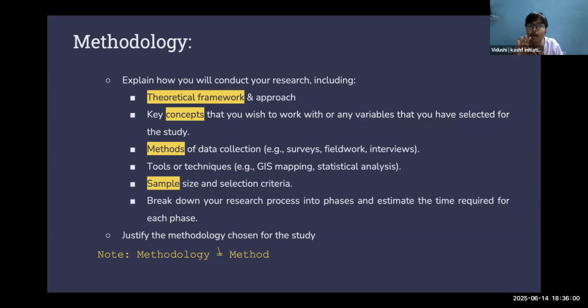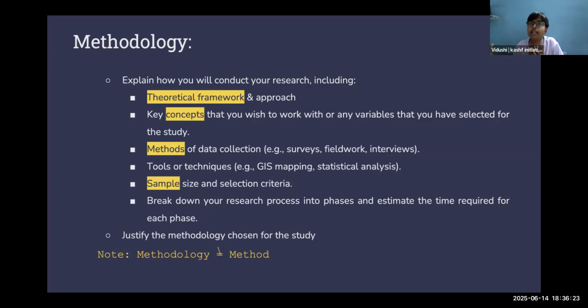Now, you may or may not want to talk about the theoretical framework in your research proposal. It is expected that you would want to establish what theoretical tools or frames you're using, but it's not always required in all kinds of research proposals in all departments.